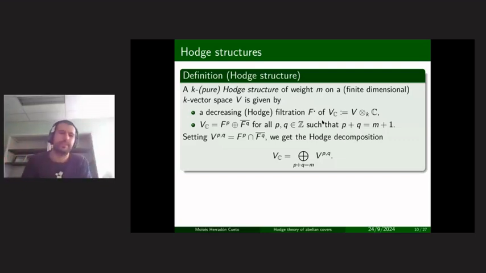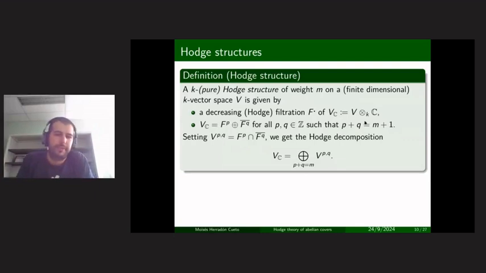So there are some complex vector spaces, one included in the previous one because it's decreasing, and it has to satisfy this property that when you take pieces and you conjugate them, you get a direct sum decomposition. So these two don't intersect. If you take p plus q equals n plus 1, if you take just one bigger, you can intersect them and maybe get something non-zero.